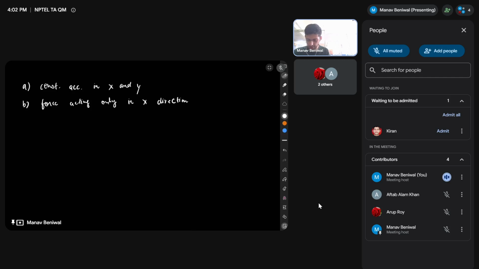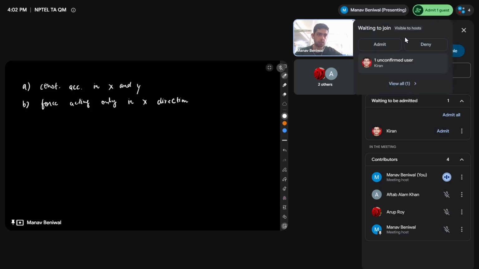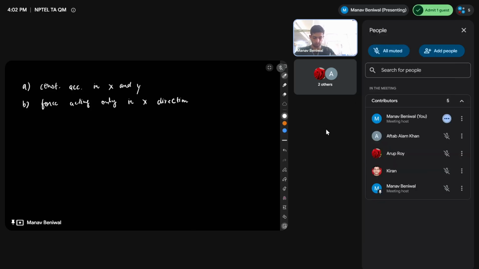Option C: the particle is experiencing zero force, so net force is equal to 0. Option D: the particle has non-uniform acceleration in both x and y directions.